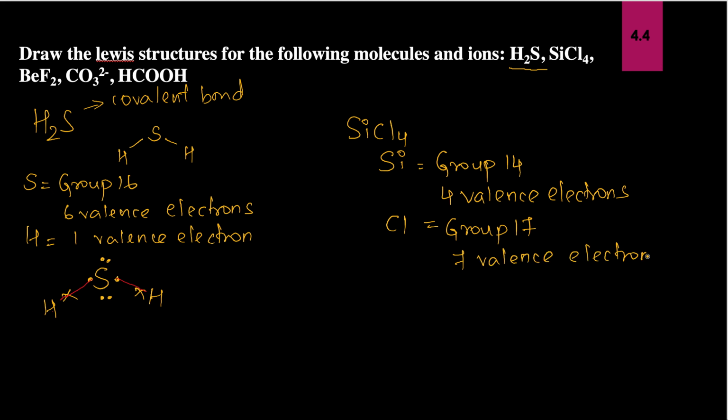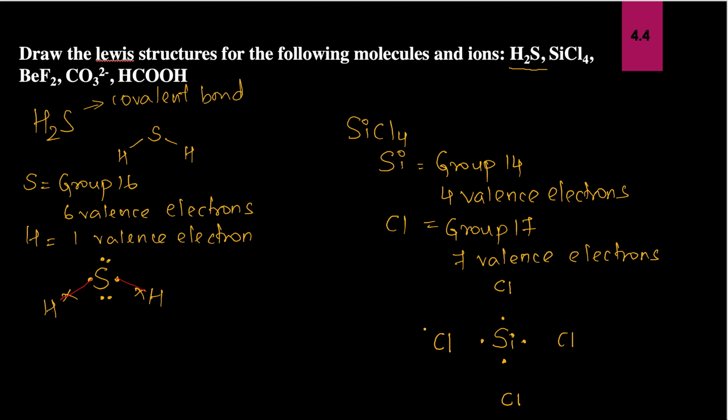Okay, now, so silicon is going to be the central atom. Around it I need to have 4 valence electrons, so I'm going to put 4 of them. Each of these are going to be shared with 4 Cl atoms. So I'll put one Cl here, one here, one here, and another one here.